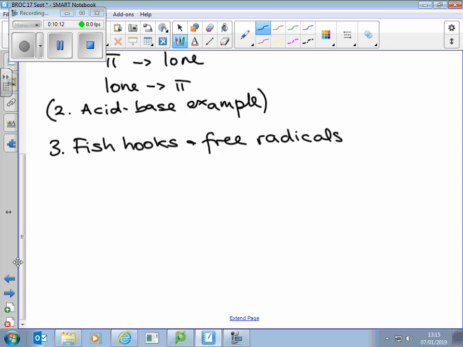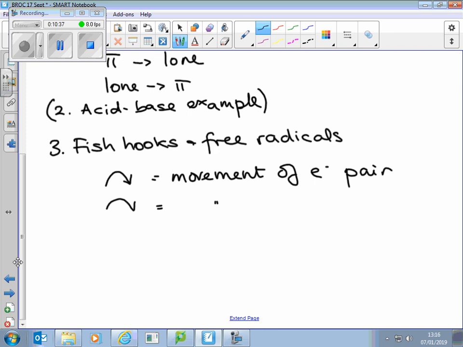But when you have a half arrow just showing the movement of single electrons, that's what they call a fishhook. All right, so a whole arrow is movement of an electron pair, whereas that with a single bit to it, I don't know if it matters which way you do it, that's movement of a single electron.